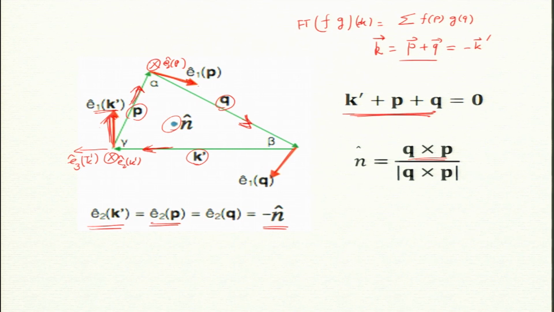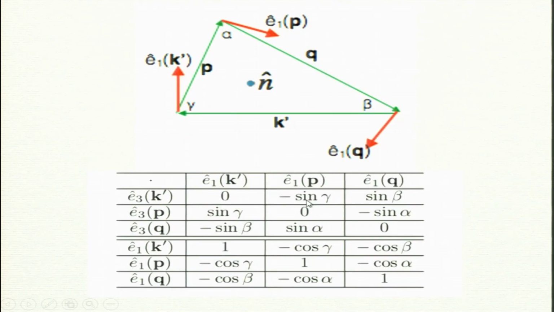Okay. So, this picture I repeat here. Now, I need the dot products. You will need this in the next slide. So, you can take the dot. This E3 is in that direction, E3 k prime.